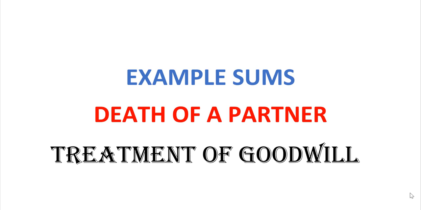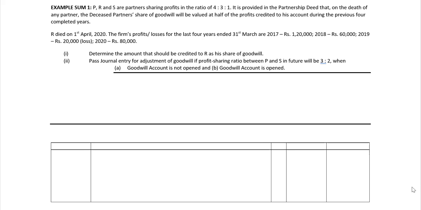We'll see this treatment of goodwill with the help of a few examples. Let's go to the first example sum. Example sum 1. P, R and S are partners sharing profits in the ratio of 4:3:1.